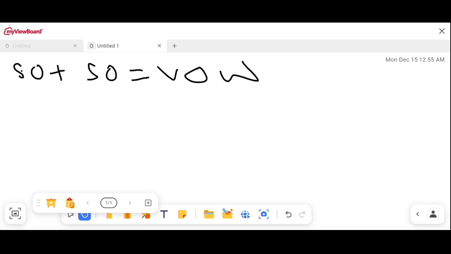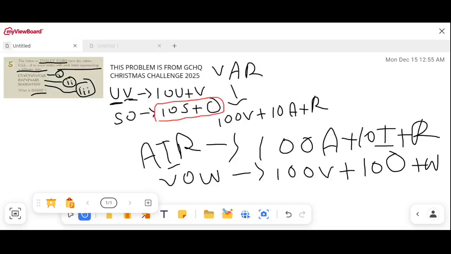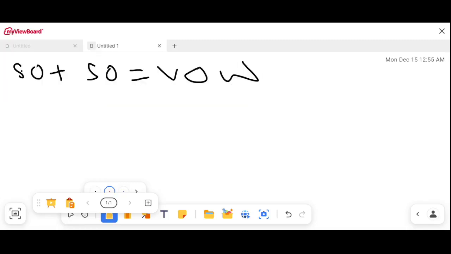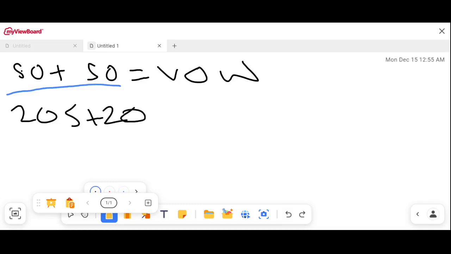Okay, so I was telling you that SO can be written as 10S plus O. So when we have this, the left hand side, this will become 20S plus 2O.